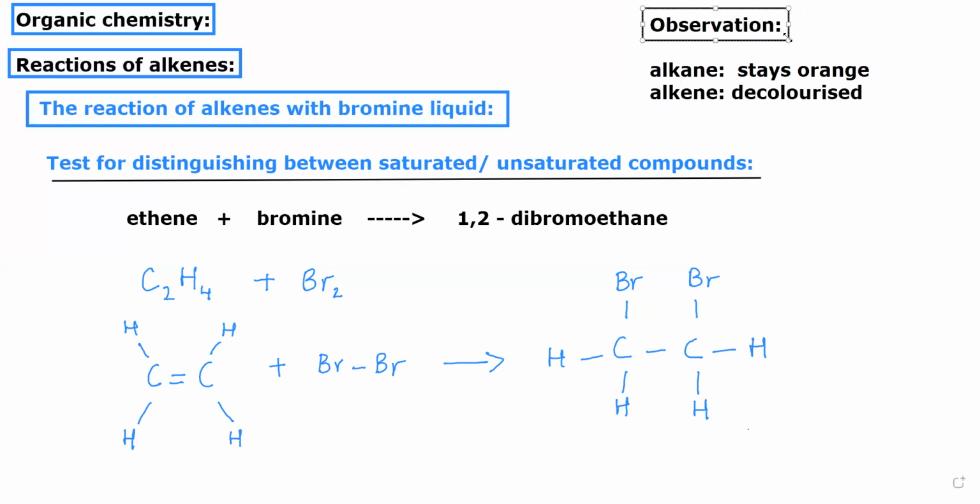So this is what we have to remember, that this is the test to distinguish between alkanes and alkenes. The bromine water test distinguishes saturated and unsaturated compounds. Saturated compounds, alkanes, stay orange; unsaturated alkenes will decolorize.